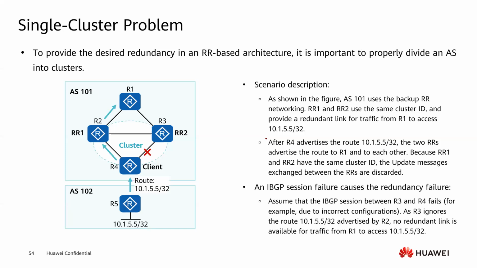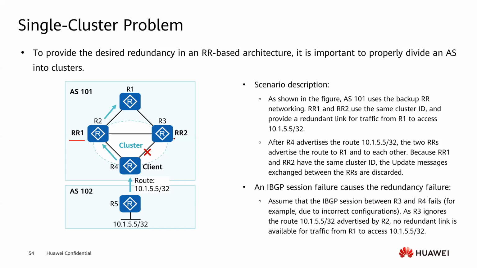And finally, let's see an example. To prevent the desired redundancy in RR-based architecture, it's important to properly divide an AS into clusters. This is a network where we have two AS, and we just configure one cluster.